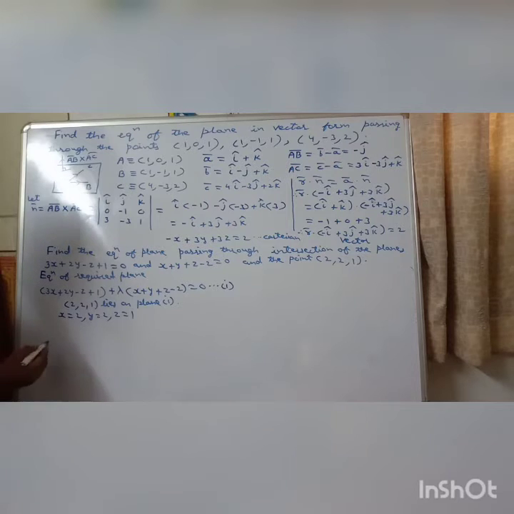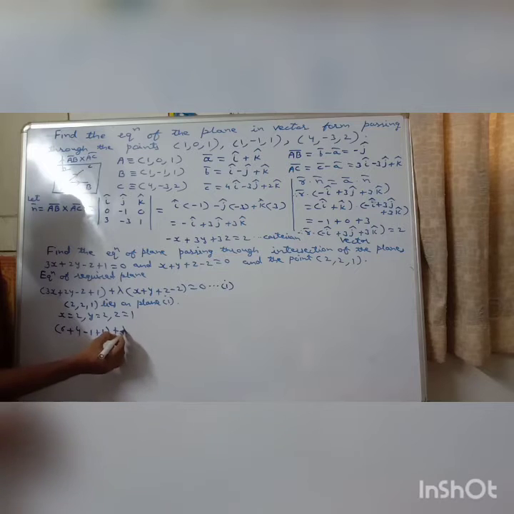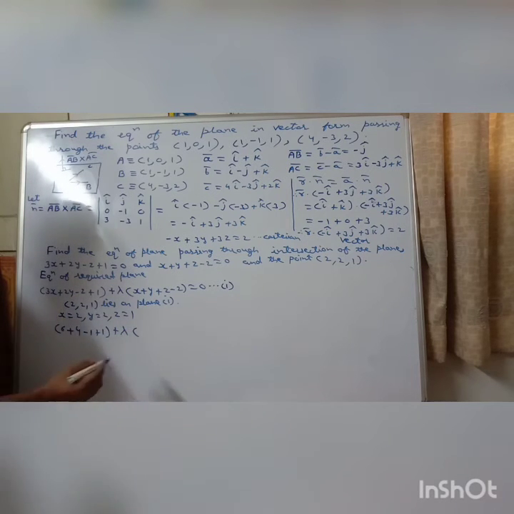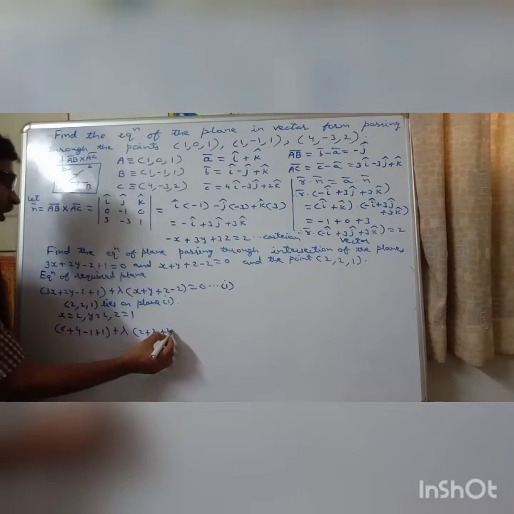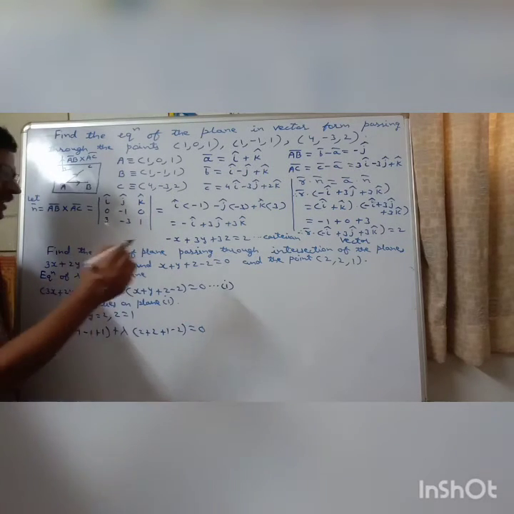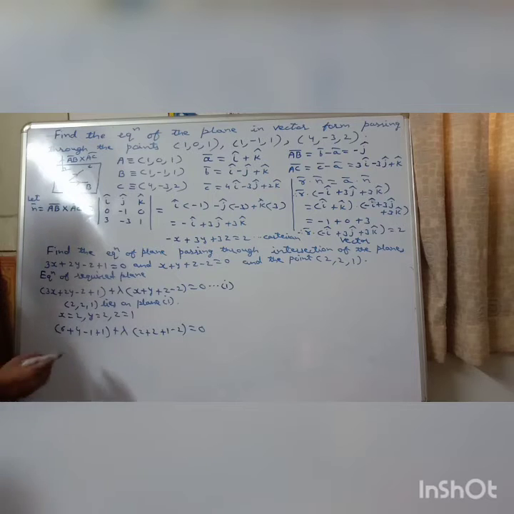So put these values. 3 2s are 6, 2 2s are 4, minus 1 plus 1, plus lambda into bracket 2 plus 2 plus 1 minus 2, is equal to 0. In the first bracket, minus 1 plus 1 cancel.